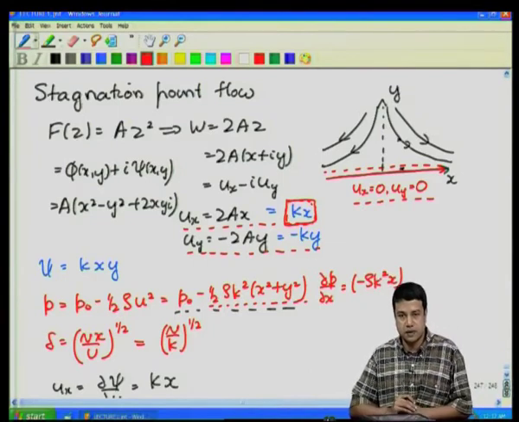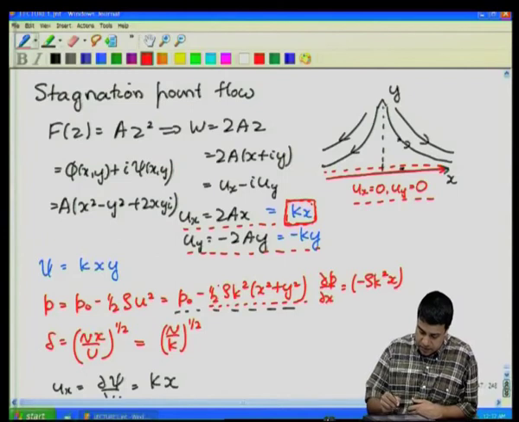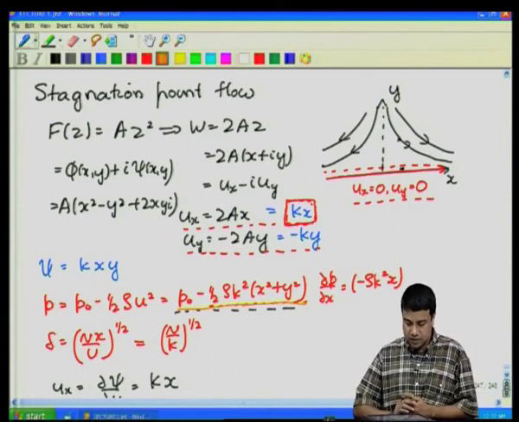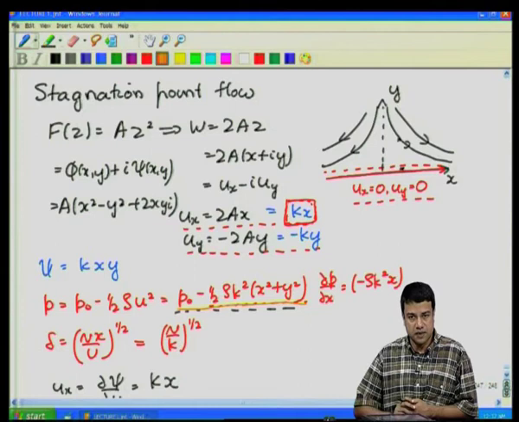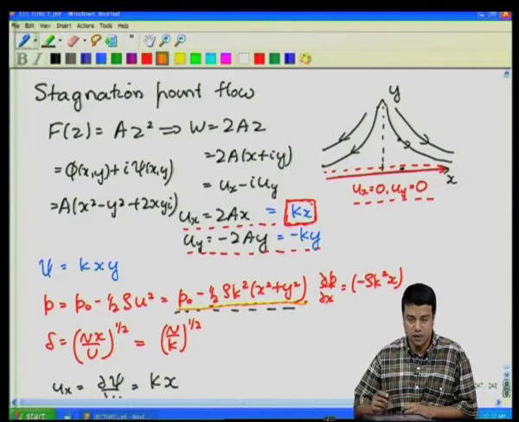Okay, that is the pressure gradient far away. You can see if I just take this expression and differentiate it with respect to x, I get minus rho k square x far away. Since the pressure variation is 0 in the y direction, this partial P by partial x is the same within the boundary layer as well.